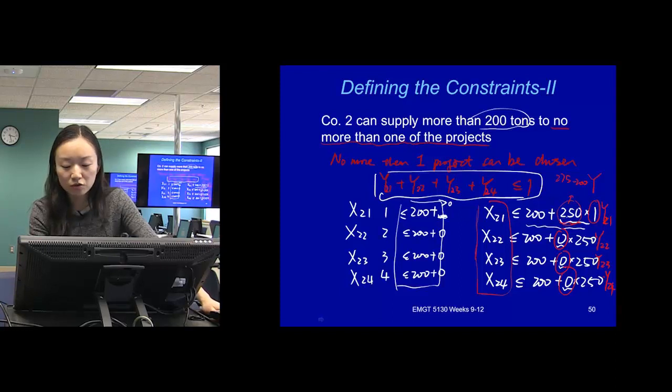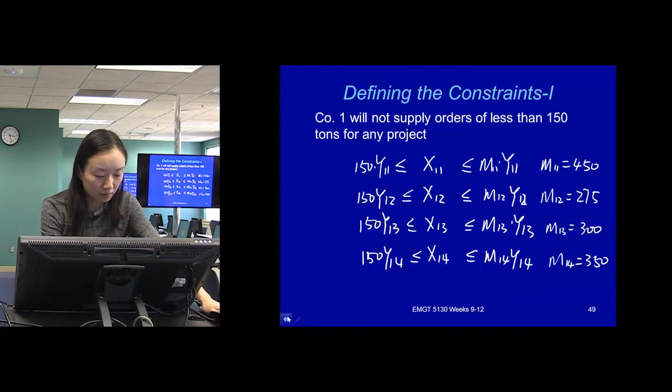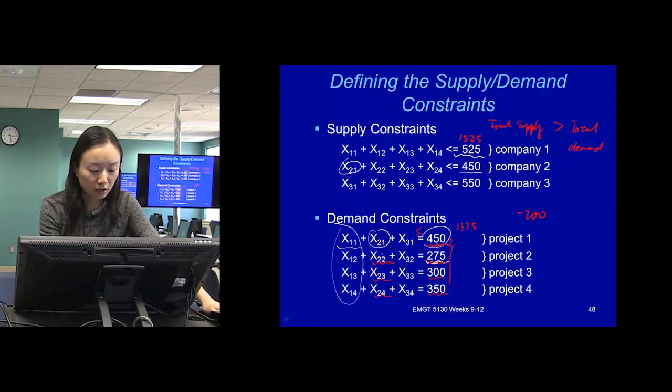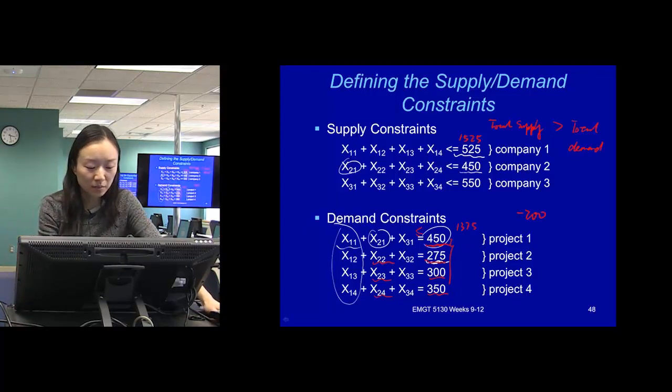So why do we use 250 here? Because this is a constraint that we're going to apply to all of x21, 22, 23, 24. Why don't we look at the maximum value of each and choose a minimum, like what we did in the big M? When we identify big M, we usually find the minimum value, right? But in this case we want to consider all the situations. What happens if x21 gets chosen?